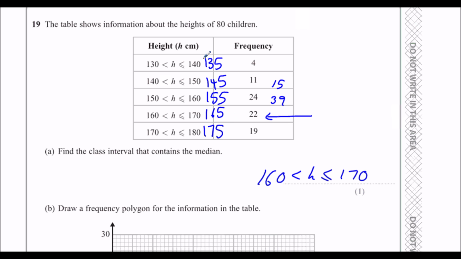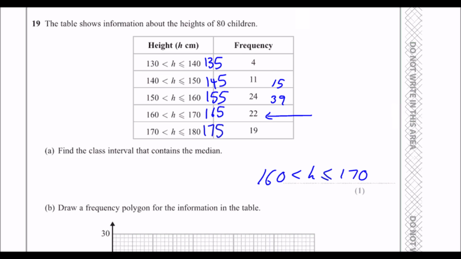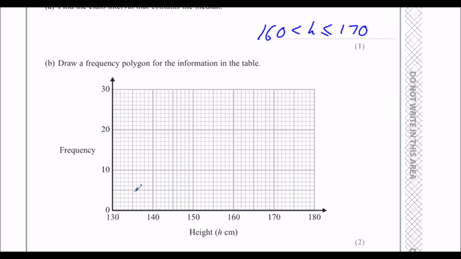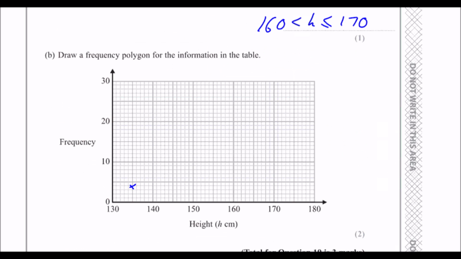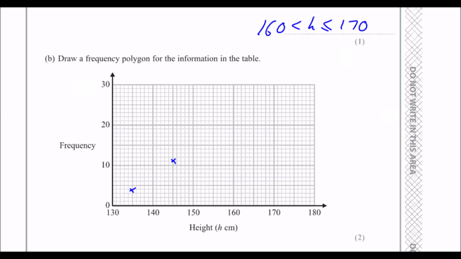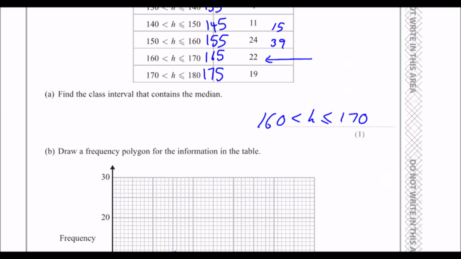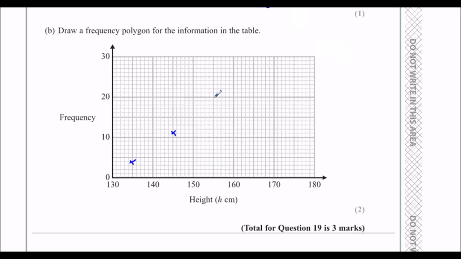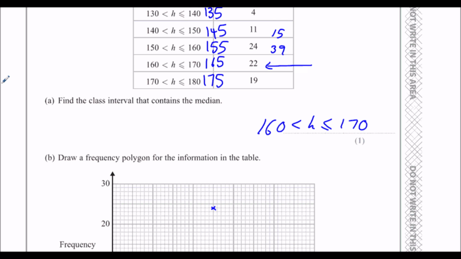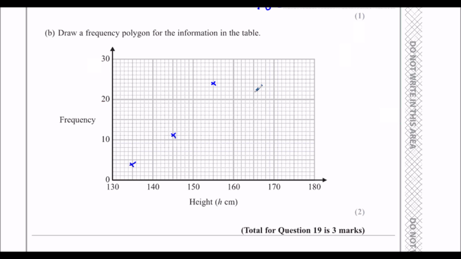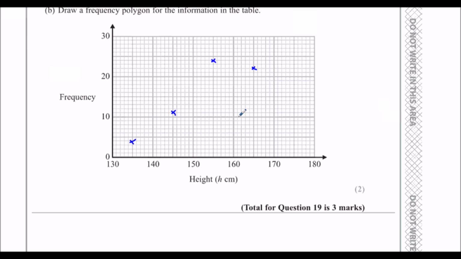So we're going to plot 135 against 4. 135, 4. 145, 11. 155, 24. 165, 22. And 175, 19.